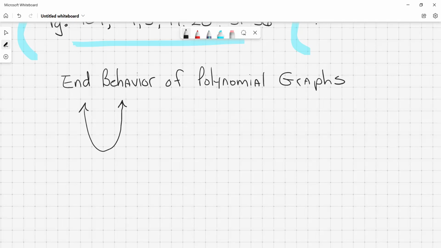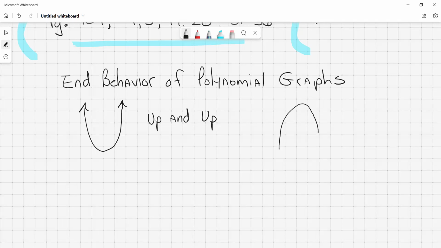The end behavior of this graph is up and up. Because at the ends, it's going up. Kind of self-explanatory, huh?